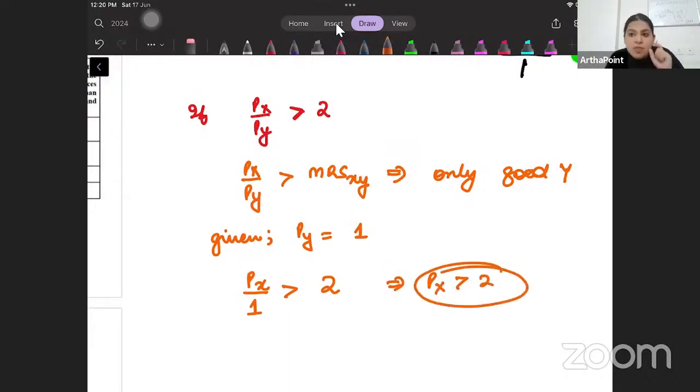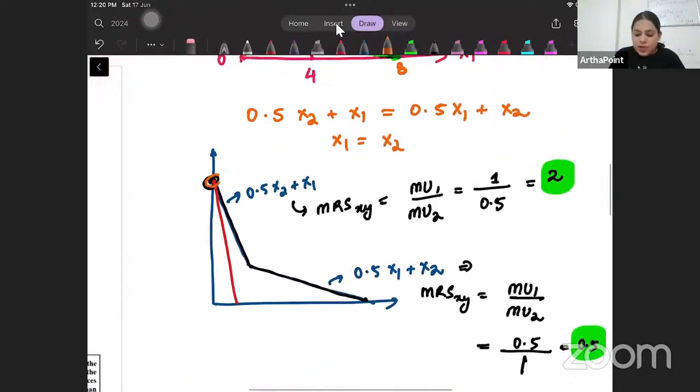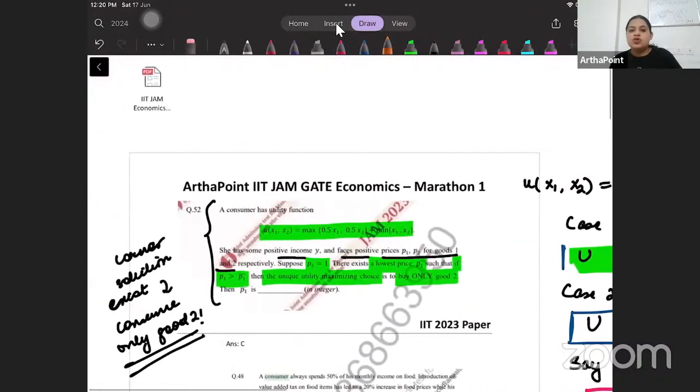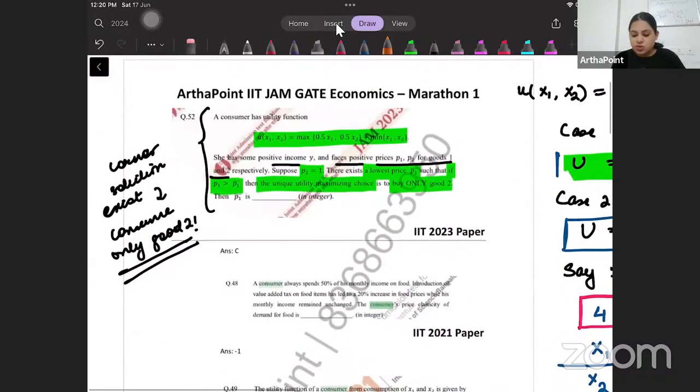So the minimum value of the price for which I will be consuming only good Y will be 2. So that's the answer to your question. The minimum P1 bar, that is what it is asking. Price should be greater than what value? It should be greater than 2 for me to be on the Y-axis and consume only good Y.